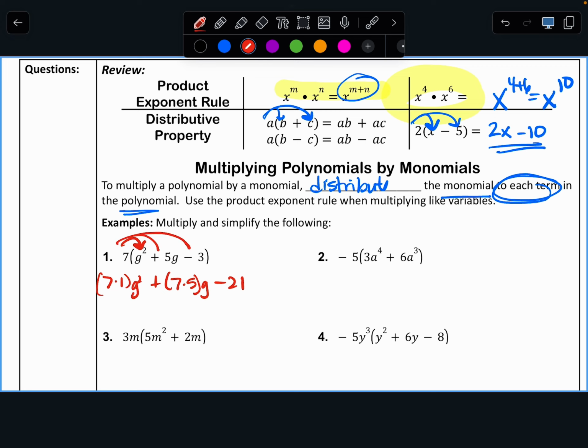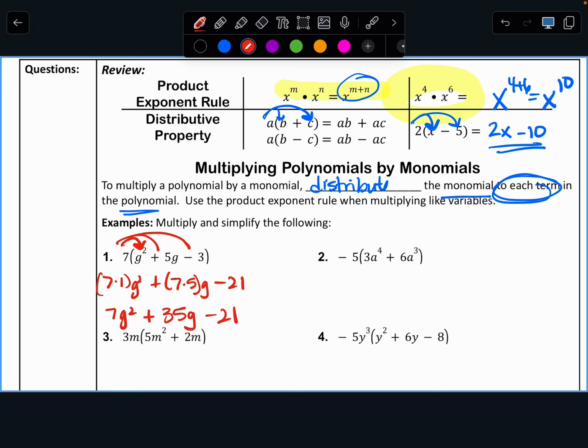So then when we simplify it, that's 7g squared plus 35g minus 21. I can't combine any terms. I have a g squared, a g, and a constant, so that's as far as I can go. 35g, because 7 times 5 is 35.